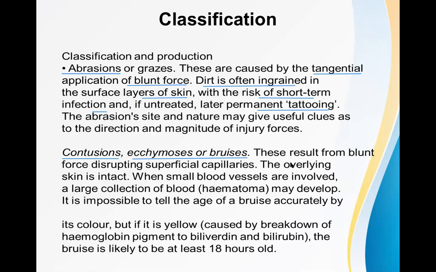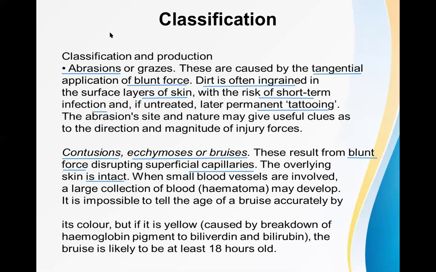Whereas contusion or bruise results from blunt force. Now see here, which disrupts the superficial capillaries. The capillaries are ruptured because of that blunt force, whereas the overlying skin is intact. This is an absolutely important point when you talk about contusion or bruise.